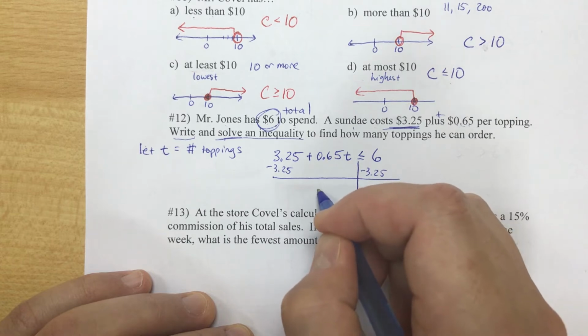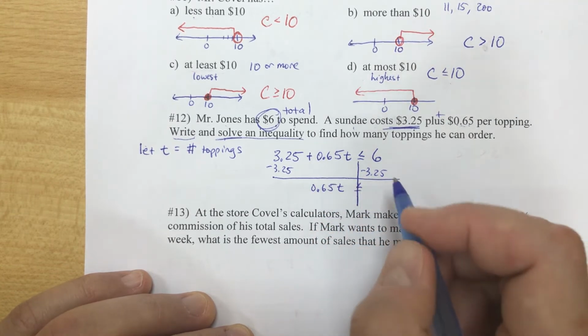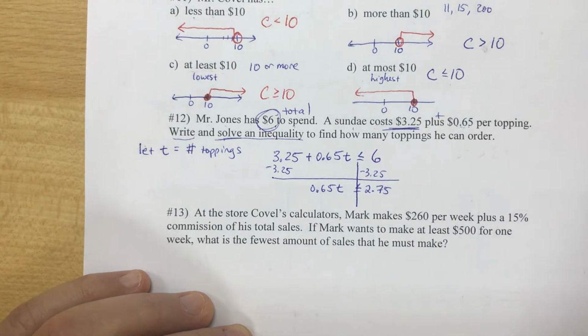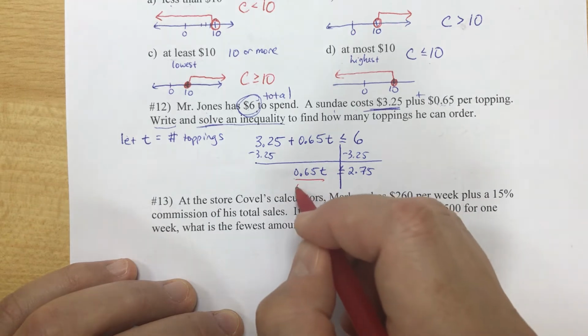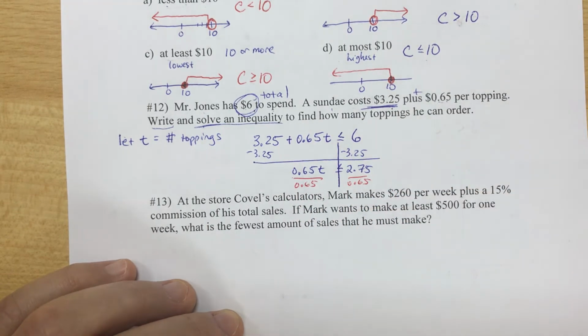So we get 0.65t is less than or equal to 2.75. And then our last move here is to divide by 0.65. Let's see if this will work out.